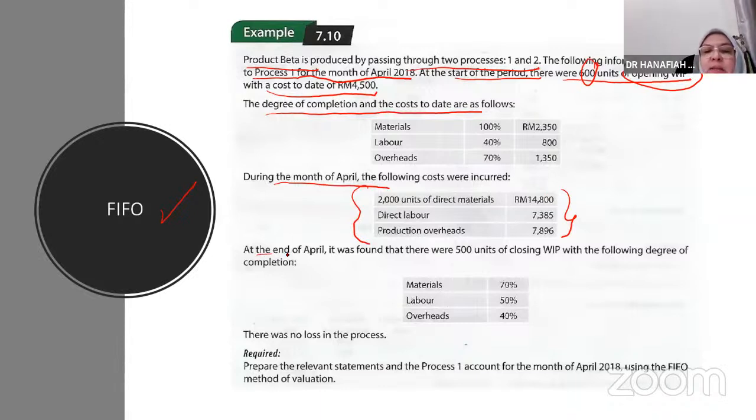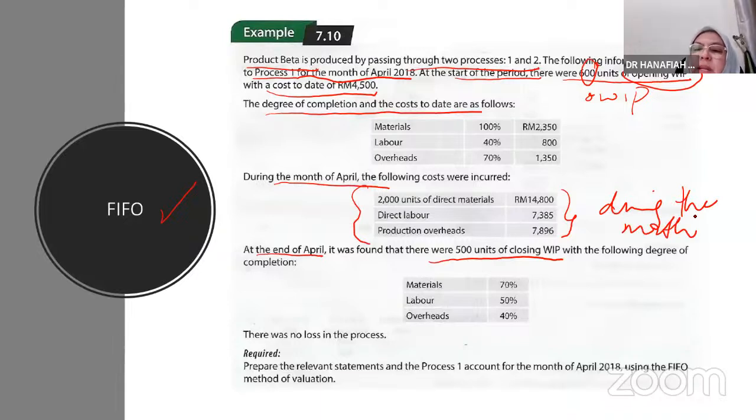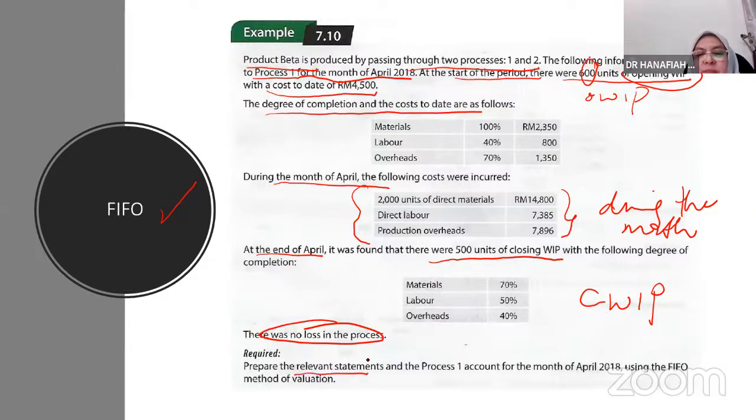And at the end of April, you have 500 closing work in progress. This is the opening work in progress, and this is the percentage of completion. Let's say there is no loss in the process.